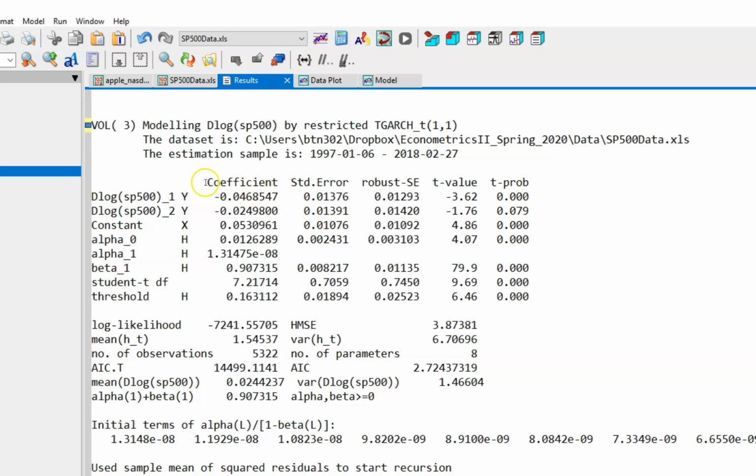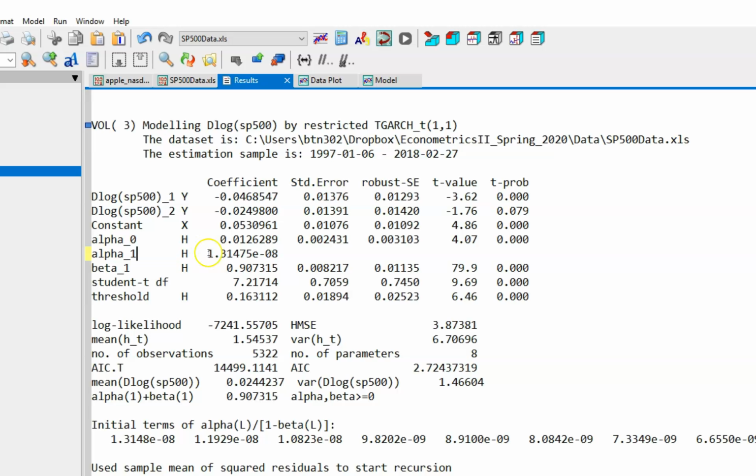Note here that we still have these AR terms, where the first term appears to be significant, whereas the second lag appears to be insignificant. Quite interestingly, we note that alpha 1, which corresponds to the alpha coefficient in the model, so the usual ARCH coefficient, is actually found to be equal to 0 for practical purposes.